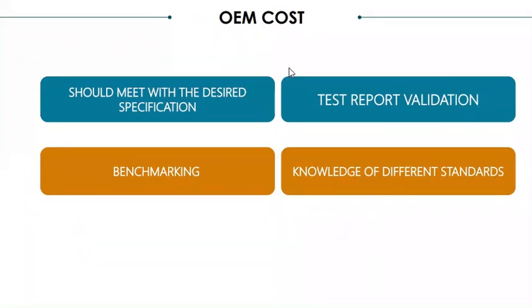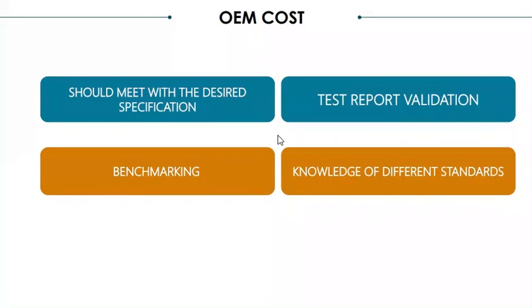Why are the test report validations important? Sometimes you just purchase some material from the vendors and trust them blindly. But it's not like that. Sometimes the vendors will provide you faulty material and you can't determine whether it's faulty or not, because for all the materials you just have to look out for all the compositions, whether it's correct or not.